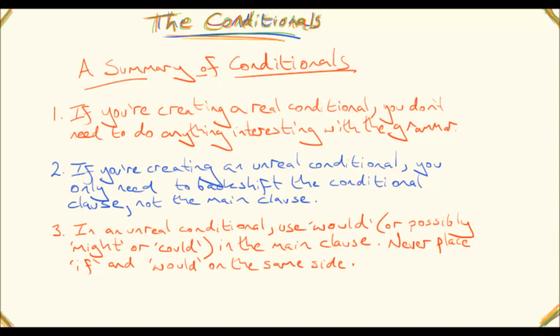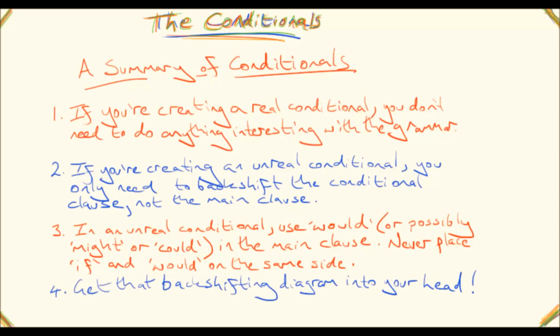And finally, I've stressed this already, but I'm going to continue to stress this because it's really how native speakers think, whether we're aware of it or not. Get that backshifting diagram into your head. Learn to dance around the tenses, because it's not only backshifting, but in order for us to interpret an unreal conditional, we then need to forward shift.